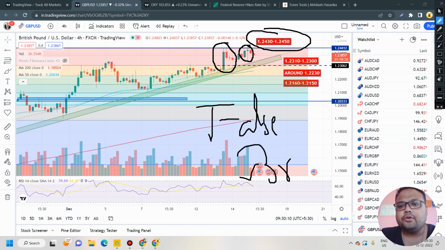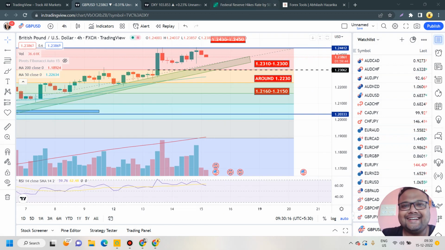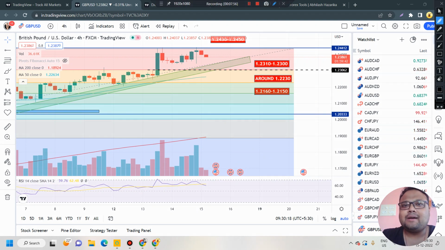So the only medicine is to buy at retracement. Before the news, if you see market breaking the 1.2450 level, wait for the market to come down a little bit. If market comes for consolidation, you can take a buy position. Buying at retracement or pullback is a safer entry for us.